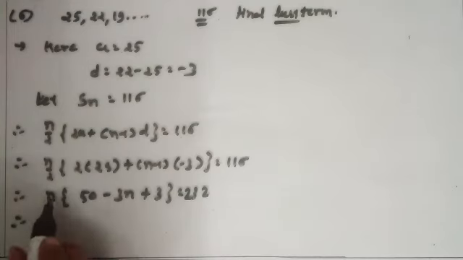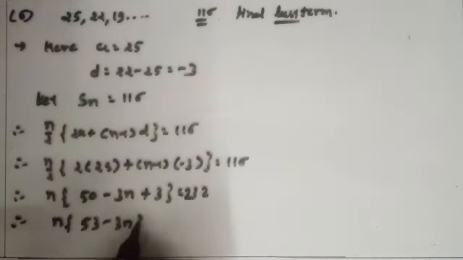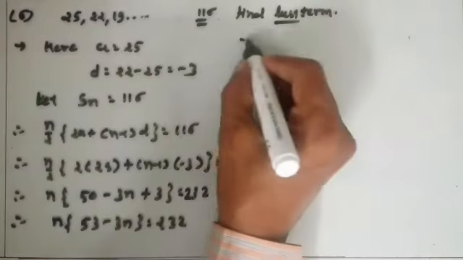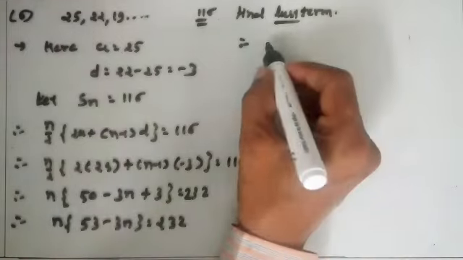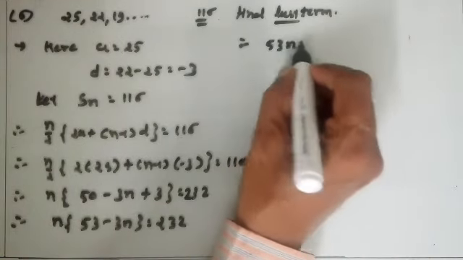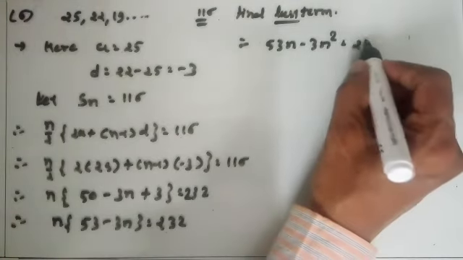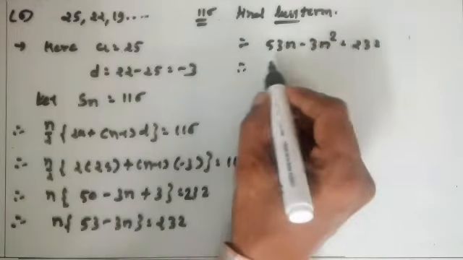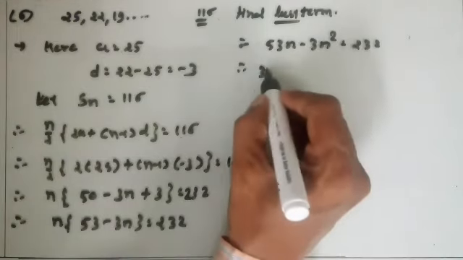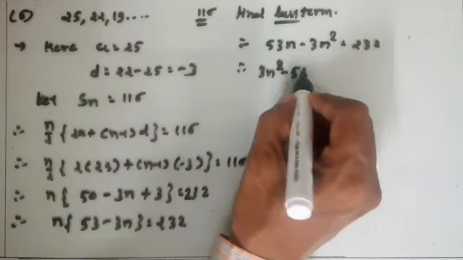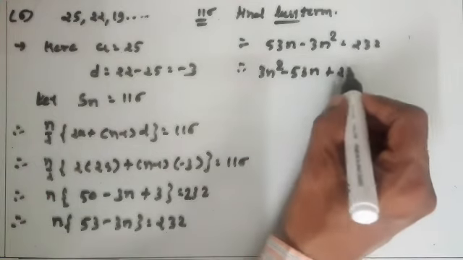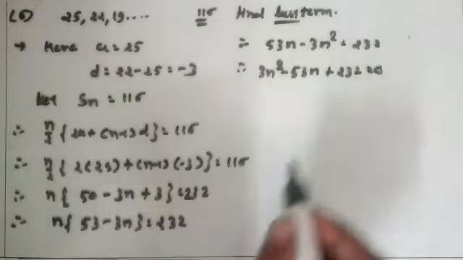Now simplify this. Here 50 plus 3 becomes 53 minus 3n is equal to 232. Therefore n taken inside, we get 53n minus 3n square is equal to 232. Therefore all terms taken this side, we get 3n square minus 53n plus 232 is equal to 0.